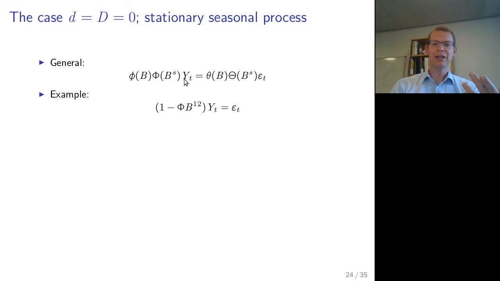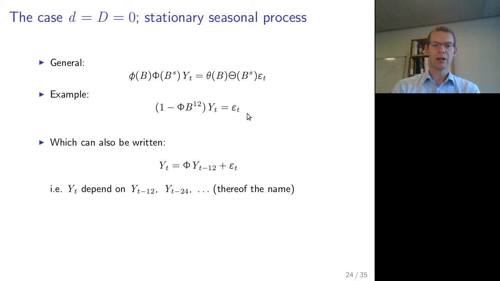The nicer way is to say, well, it has season 12, and then it's an AR1. So y_t depends on y_{t-12} plus epsilon_t, as written down here. So it depends on the previous season and the season before that and before that.